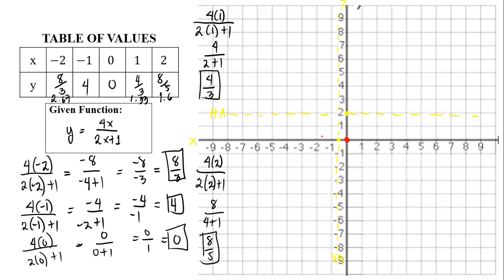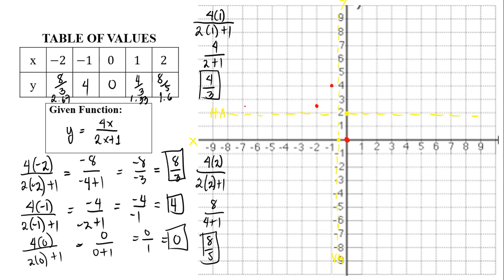So, if your X is negative 2, then your Y will be 2.67. So, ito mo, yung 2.67, gitna ng 2 and 3, konti. So, let's say ito po. Okay, next. If your X is negative 1, then your Y will be positive 4.